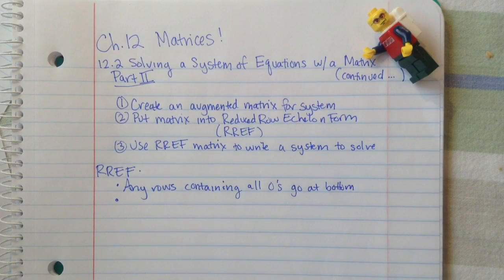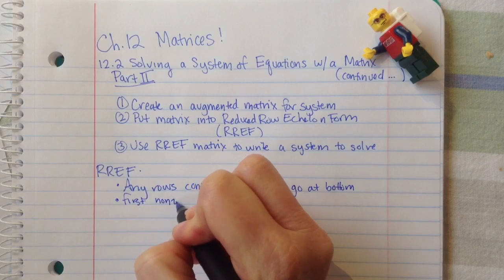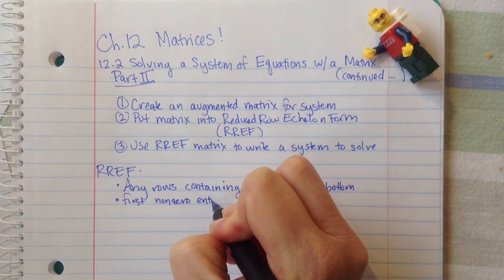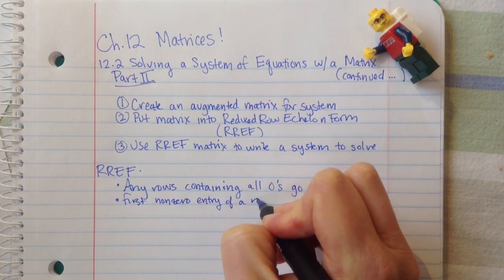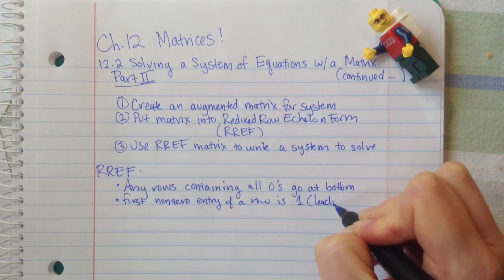The second thing is that if a row doesn't have all zeros, the first non-zero entry in the row is 1, which is called the leading one.